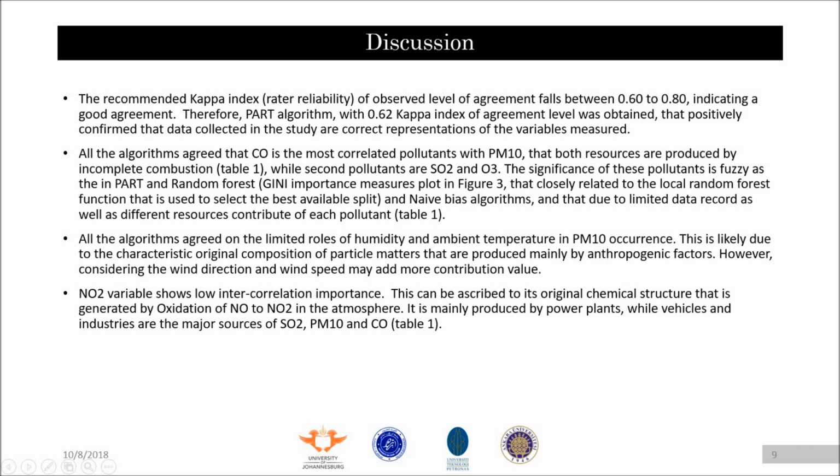This is likely due to the original composition characteristics of the particulate matter, which is produced mainly by anthropogenic factors. However, considering the wind direction and wind speed may add more contribution value. And other variables show low importance with the PM10.